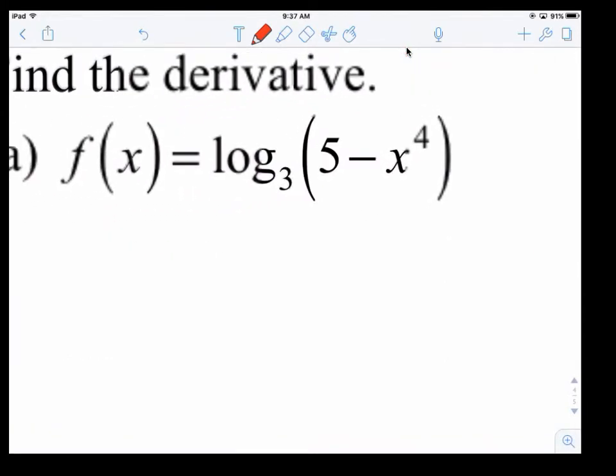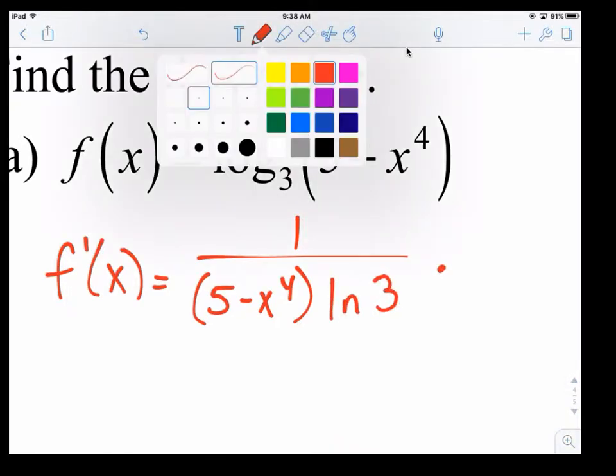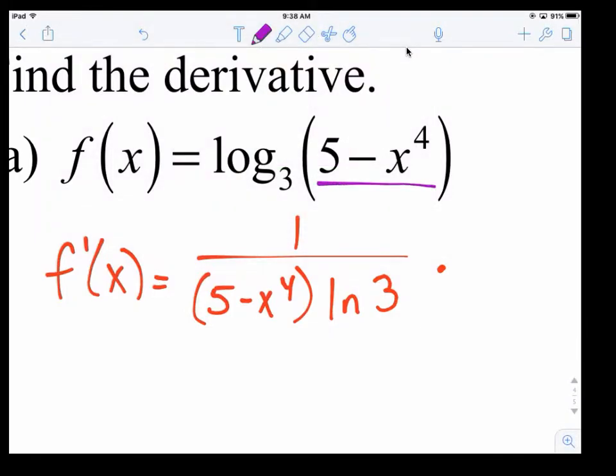All right, so log base 3 of 5 minus x to the 4th. So that derivative would be what? Good. Now you have to remember to take the derivative of the inside part, right?